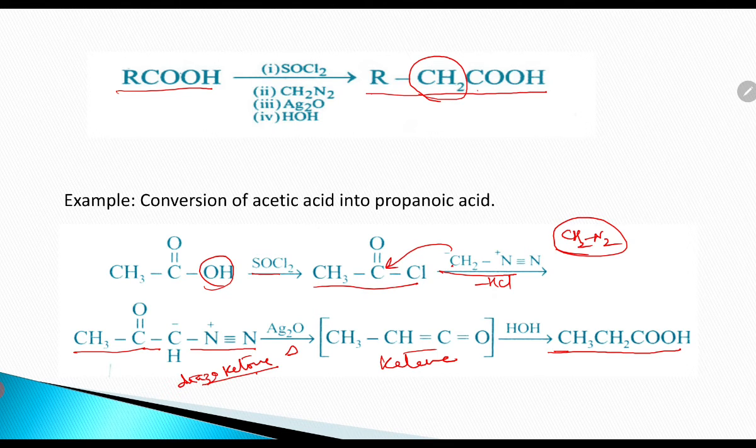So, acid chloride on reaction with diazomethane, the extra carbon atom is added into this carboxylic acid molecule. In this way the carboxylic acids are converted to higher carboxylic acids, one with one carbon atom extra from the starting material.